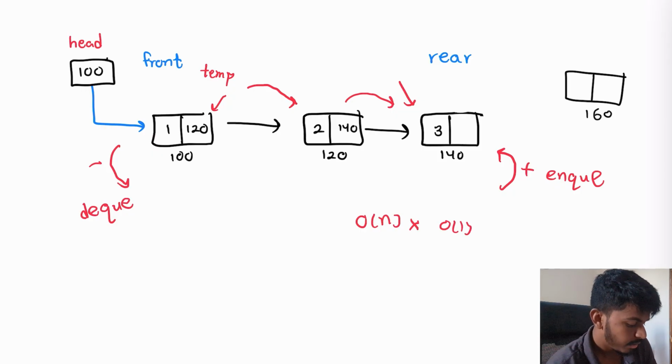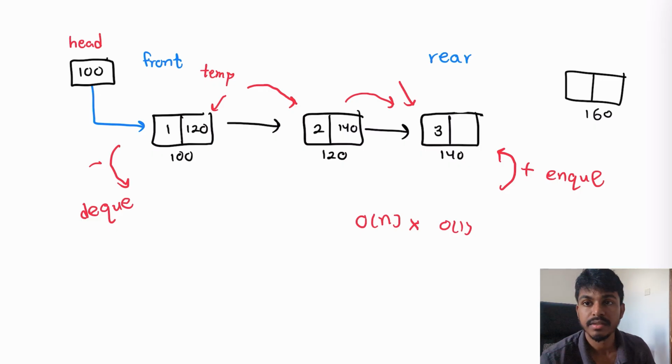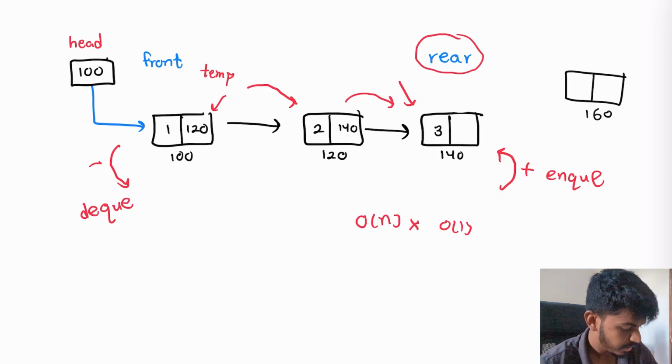So how can we overcome this? Simple. Just as we have a pointer pointing towards the front node, we are going to maintain another pointer pointing towards the rear, that contains the address of the rear node.